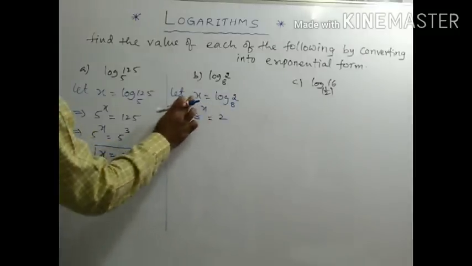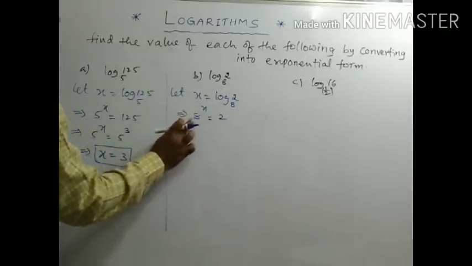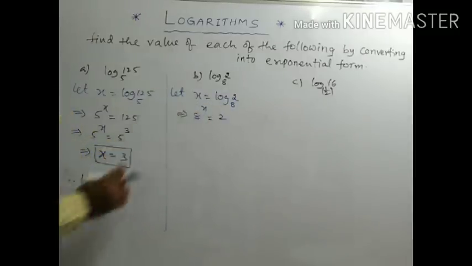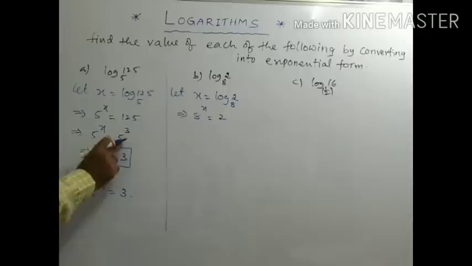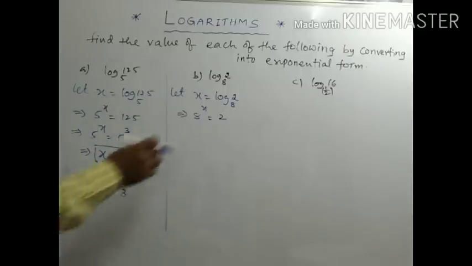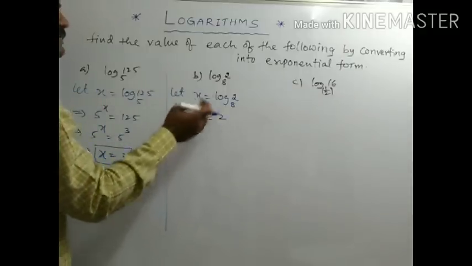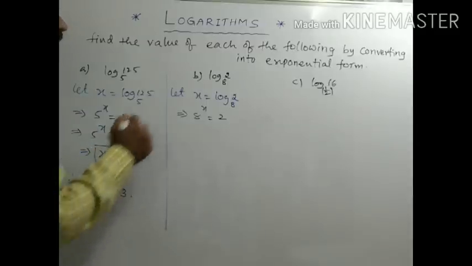Logarithmic base coming to this side, it becomes the normal base, 8 power x. Earlier it was 125, because of that we could write it in terms of 5 power something. But here can you write 2 in terms of 8 power something? Then do one thing.